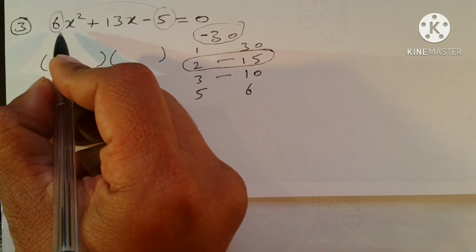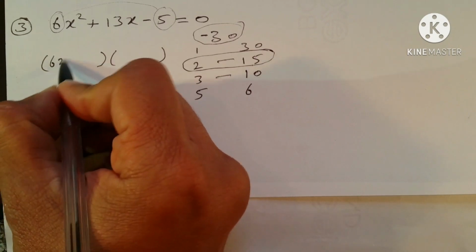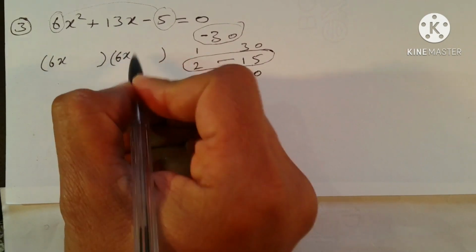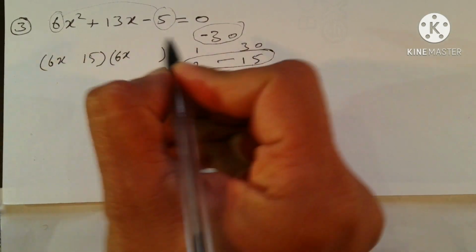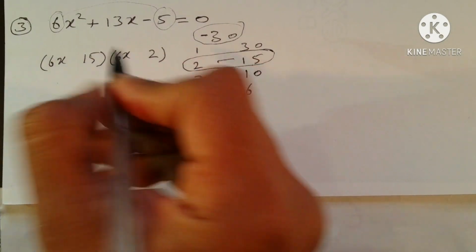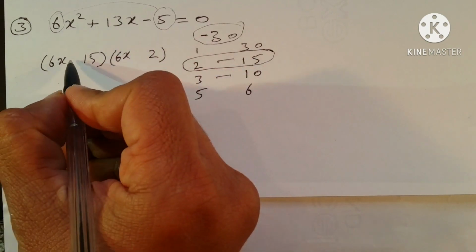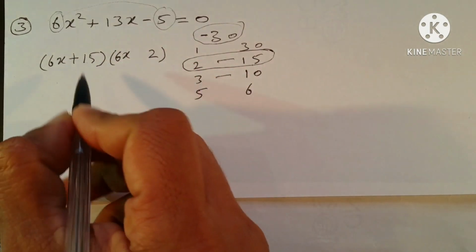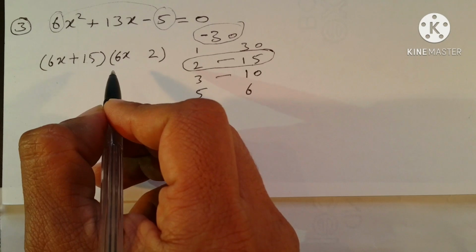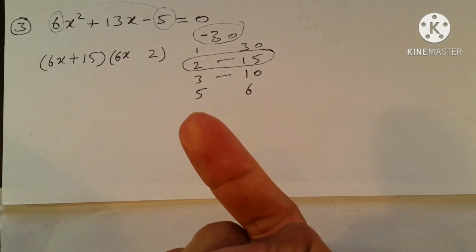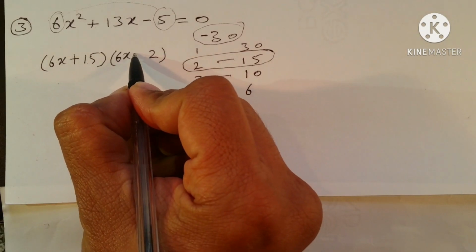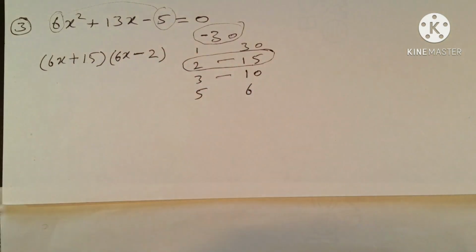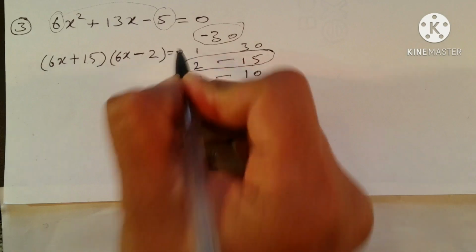So write 6x squared, bigger number put it here, smaller number put it here, middle sign goes with the bigger one. Since we are subtracting them, now before in previous questions we added them, here we are subtracting them, so it should be the opposite sign of that, and is equal to 0.